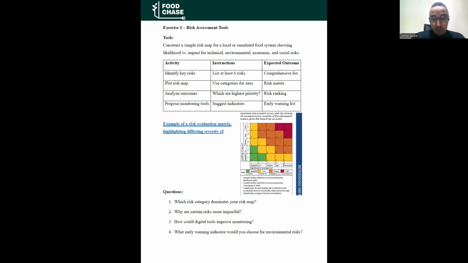How could digital tools improve monitoring? What early warning indicator would you choose for environmental risk? Some of the answers to this exercise are in the course. We invite you to analyze and revise the course, and also use the data of this table, this link, and picture to answer these questions.